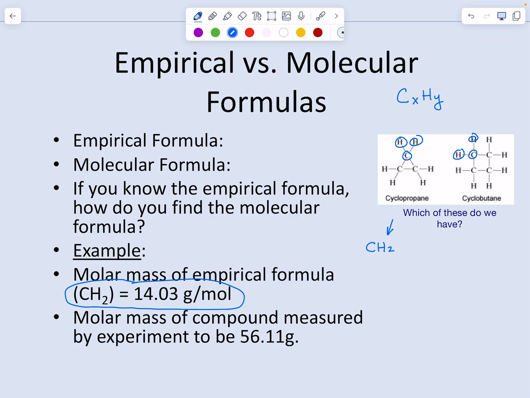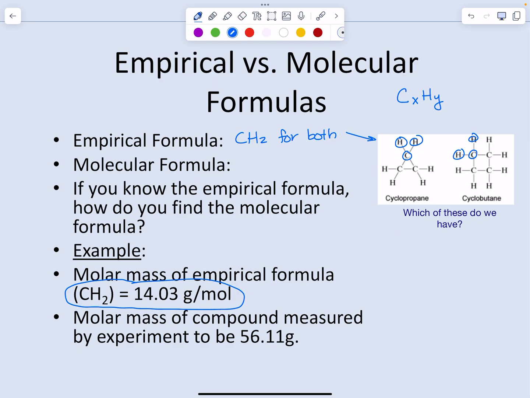That's how many hydrogens per each carbon. If you count up all the carbons in cyclobutane, you also have CH2 as the empirical formula.